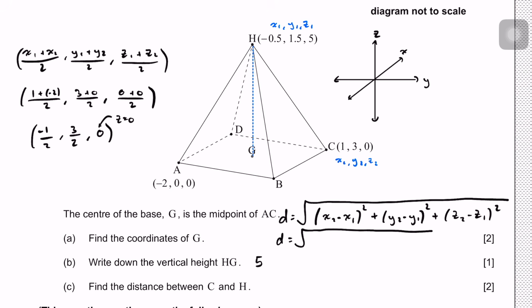Let's write a square root again. And then x2 minus x1. So this would be 1 minus minus 0.5, that's interesting, squared, plus y2 minus y1, which is going to be 3 minus 1.5 squared, plus z2 minus z1, and this is going to be 0 minus 5 squared.